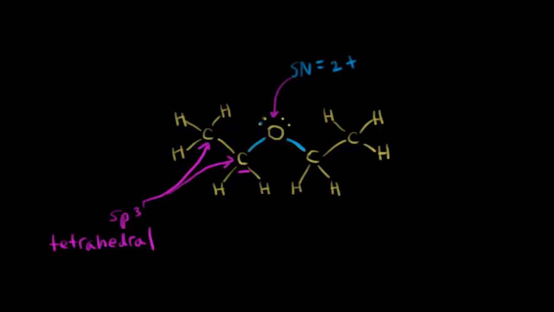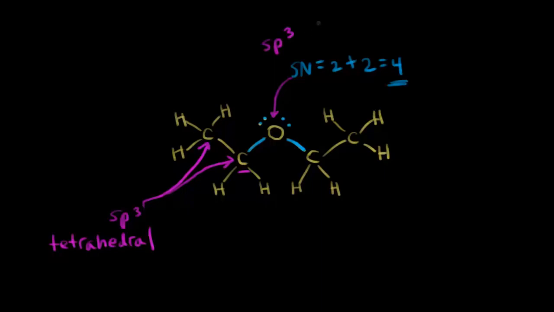Here's a lone pair of electrons, and here's a lone pair of electrons. So I have 2 lone pairs of electrons. So 2 plus 2 gives me a steric number of 4. So I need 4 hybridized orbitals for this oxygen. And we know that occurs when you have sp3 hybridization. So therefore, this oxygen is sp3 hybridized. There are 4 sp3 hybrid orbitals around that oxygen.